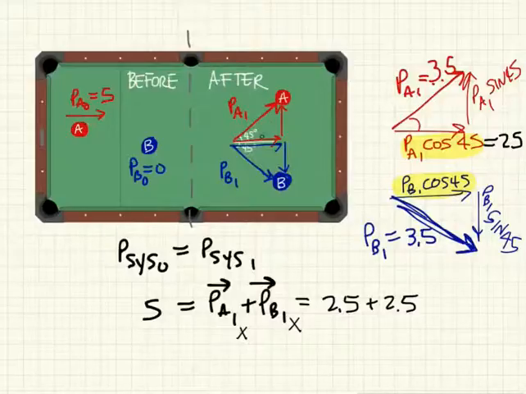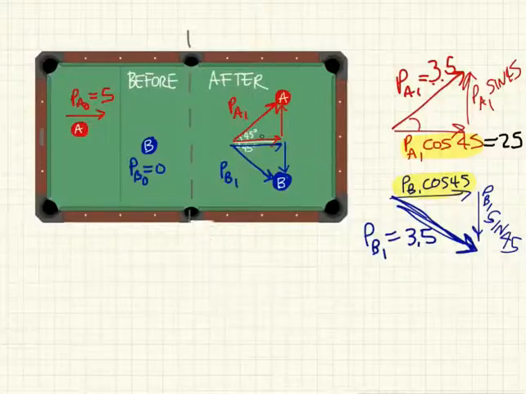Now, what I want to do real quickly here before I sign off is to go back to this idea of momentum change. In this case, what we did was we used the general idea for the conservation of momentum. But we could also think of this in terms of momentum change, and that would be helpful in this case as well. Let's take the momentum change for object A first.